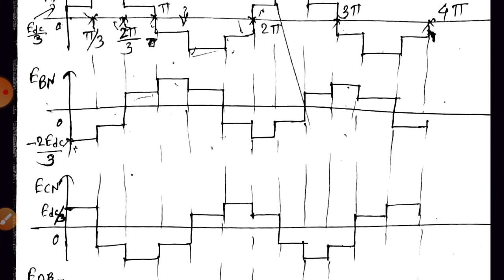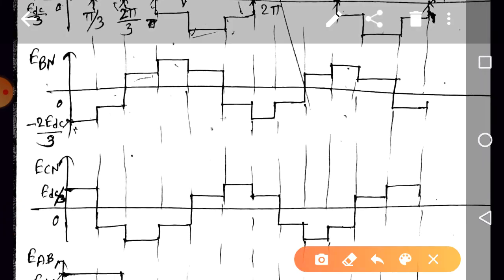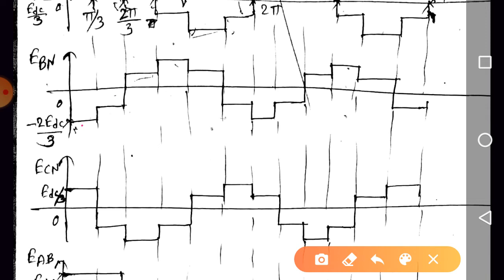Similarly, check for VCN. If you check VCN, we are having a waveform like minus 2 EDC by 3, minus EDC by 3, plus EDC by 3, right? Whatever waveform we are having for VBN, that waveform is appearing in VCN after 2 intervals.